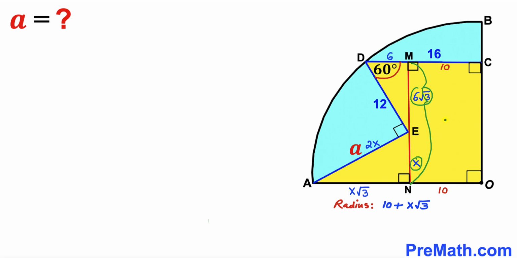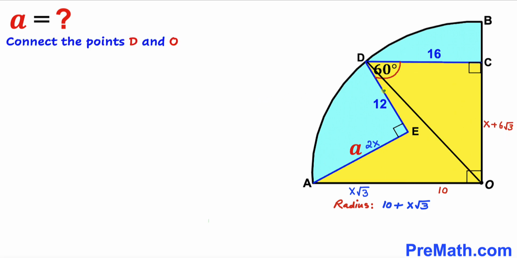So I can write x plus 6 times square root of 3. And since we are dealing with this rectangle, side length OC is x plus 6 times square root of 3 as well.